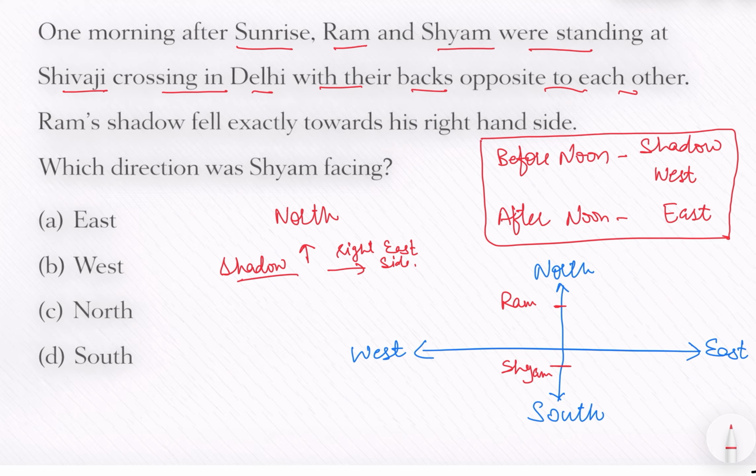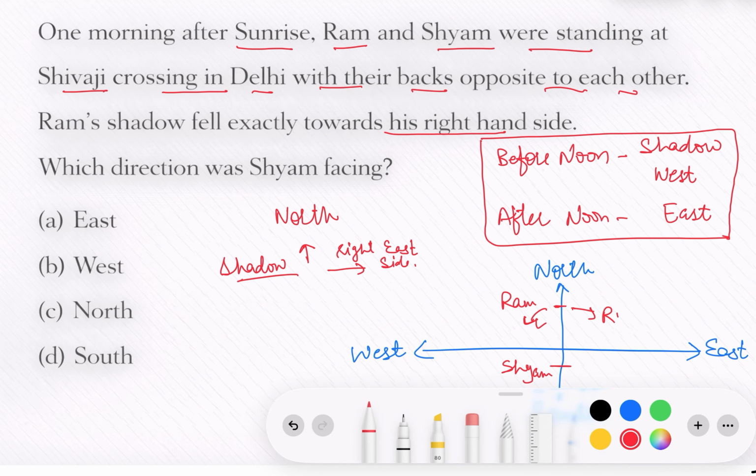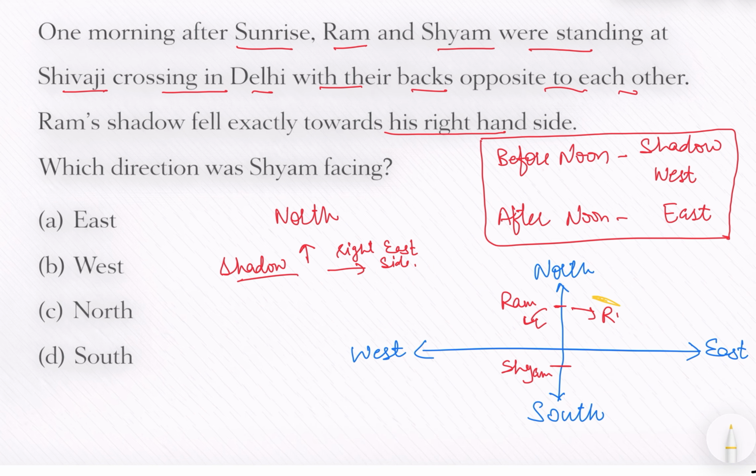If Ram is facing north, then before noon the shadow will fall on the west side, that is on his left side. So Ram's left side will be here and the right side here. If Ram has a shadow on his right side, this is not possible because before noon the shadow will be on the west side. So this is not possible.